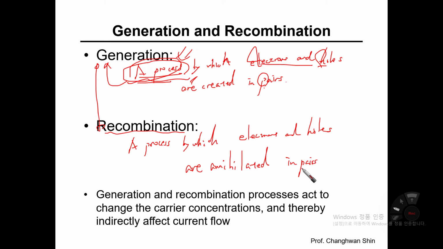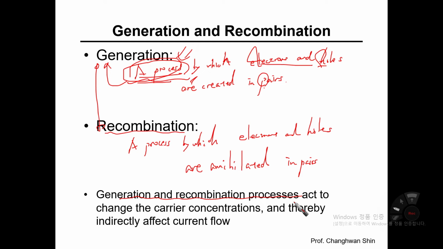Electrons and holes are annihilated in pairs by the recombination process. So generation and recombination processes work to change the carrier concentrations.